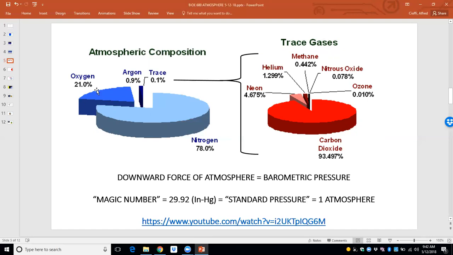The rest is mostly oxygen. Thanks be to God for that, because we need it for breathing. Again, diatomic, O2, a little over 1/5, 21%. Then we got 1% left, right? Because 78 plus 21 is 99. We got 1% left. Look at all the stuff that is packed into that 1%.